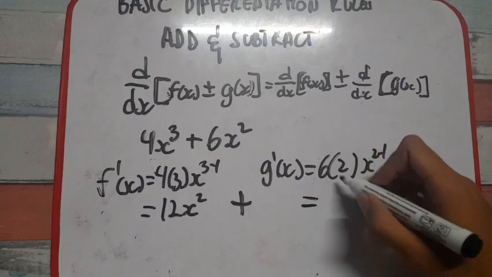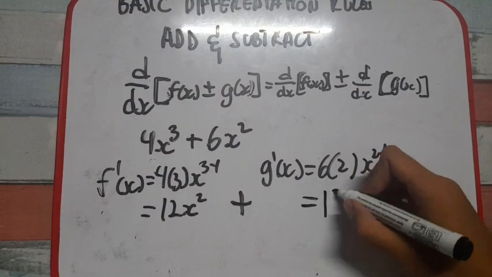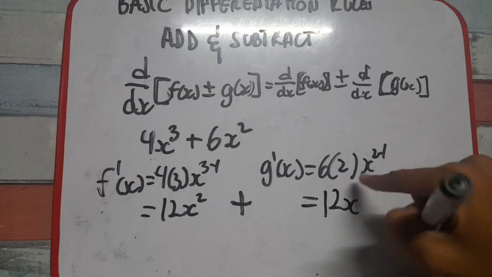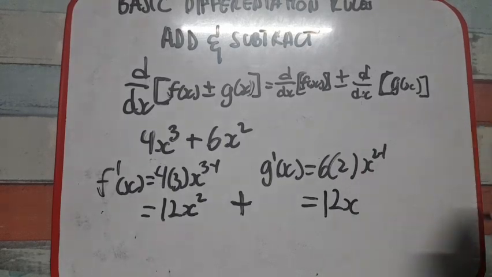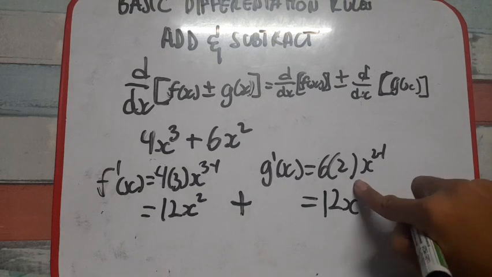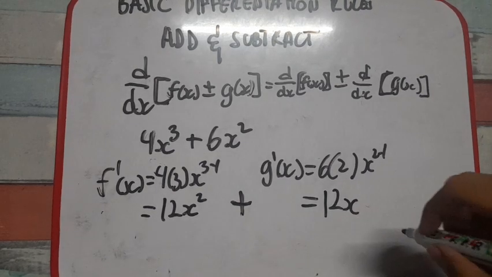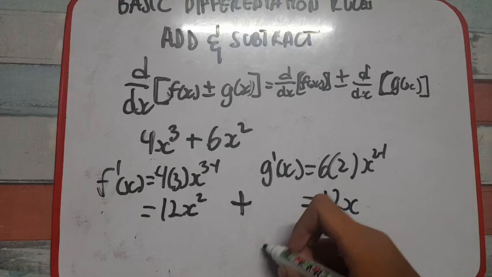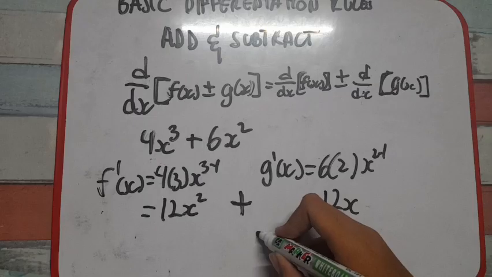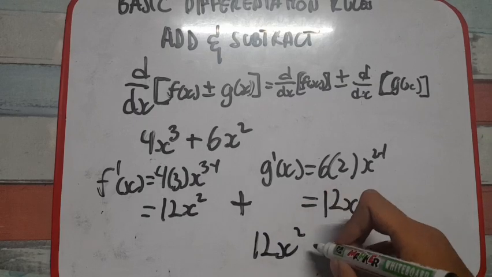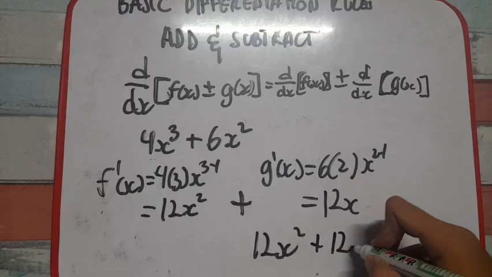Simplify, 6 times 2 is 12x. 2 minus 1 is 1, an invisible 1 there, so that's going to be x. Simplifying this function, we end up with 12x squared plus 12x.